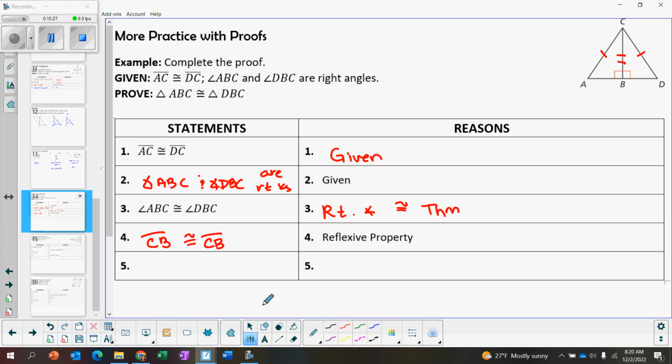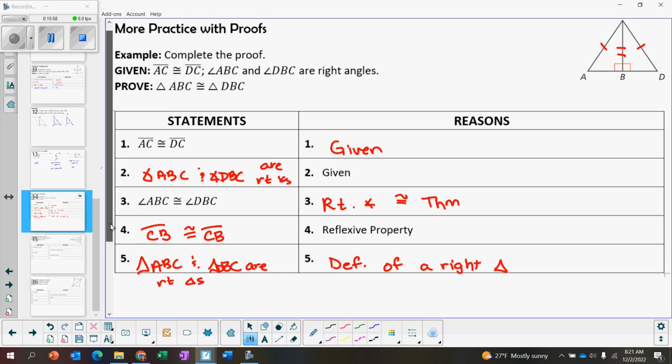And it looks like I'm actually missing a step here. I want to use HL to say that these triangles are congruent to each other, so I'm going to have another step here: triangles ABC are right triangles. And that's what we see by the definition of a right triangle, because what it means to be a right triangle is that it has a right angle.